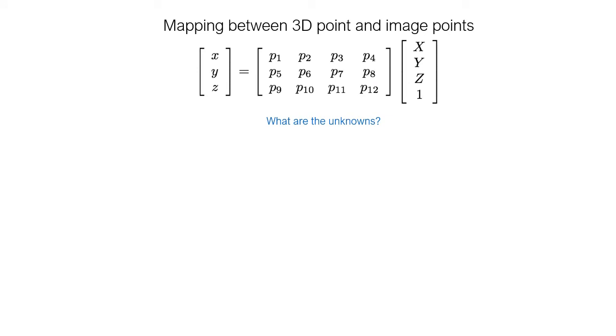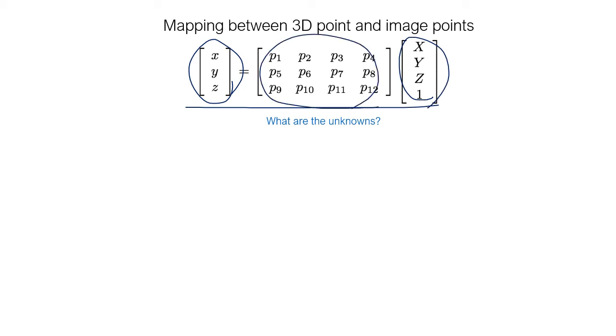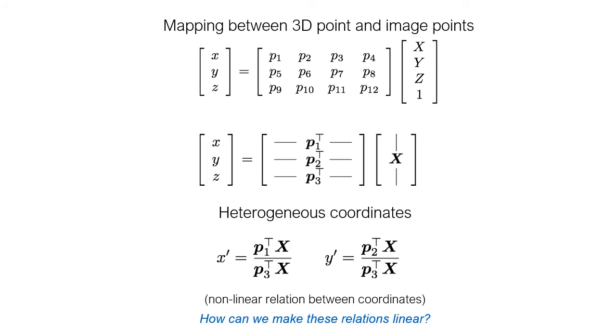We have this equation relating image coordinates and 3D coordinates. The unknown is the 3 by 4 camera matrix, so there are 12 unknowns, but the degrees of freedom are 11.